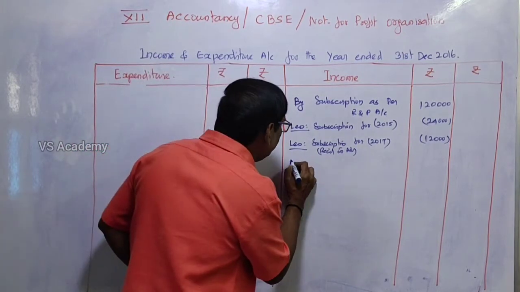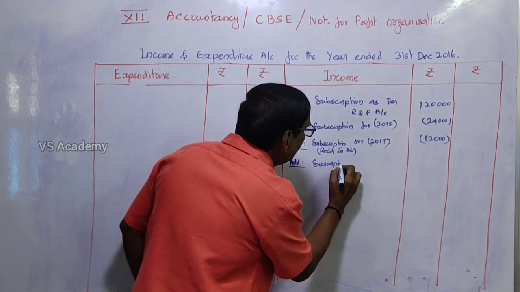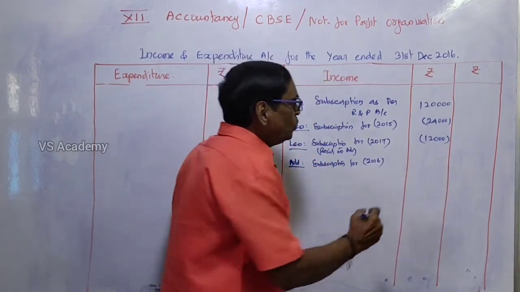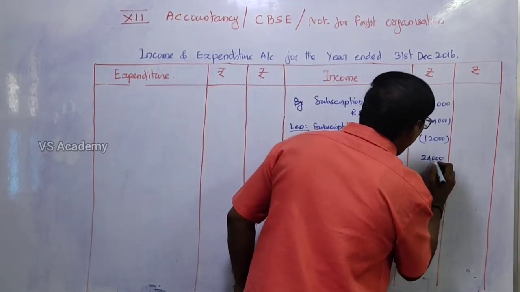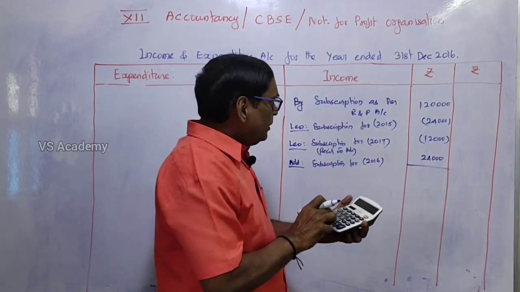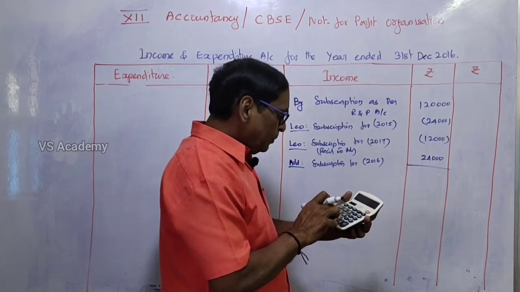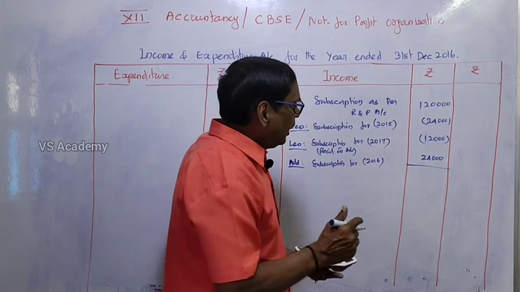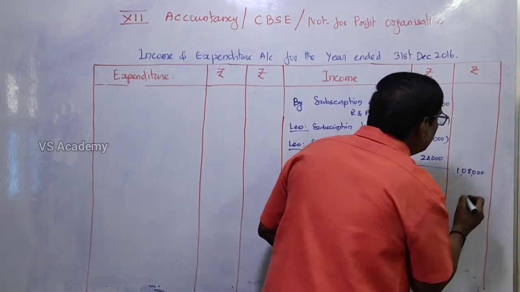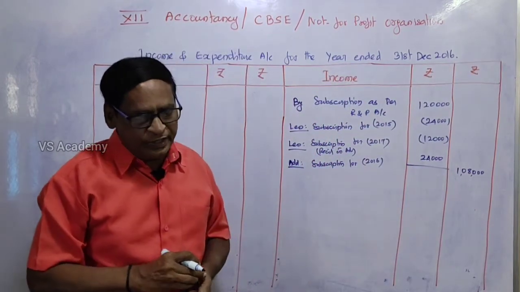So 1,20,000 minus 24,000 minus 12,000 plus 24,000. So 1,08,000 rupees. This is for subscription received, subscription for the current year 2016.